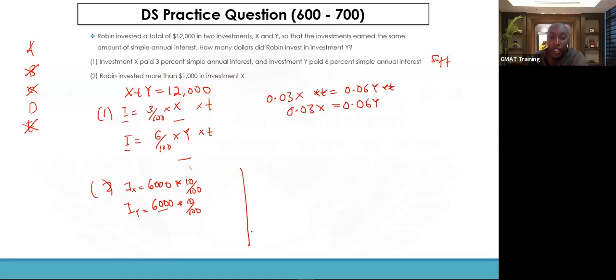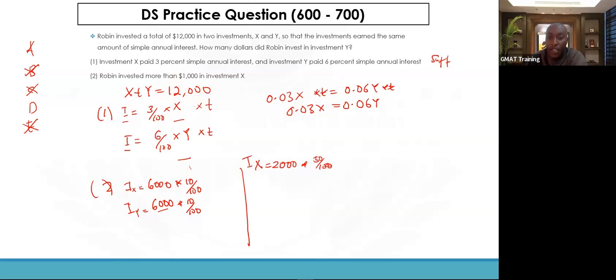And in another option, we can have X as 2,000, therefore the interest of X will be 2,000 times the interest rate of 50%.